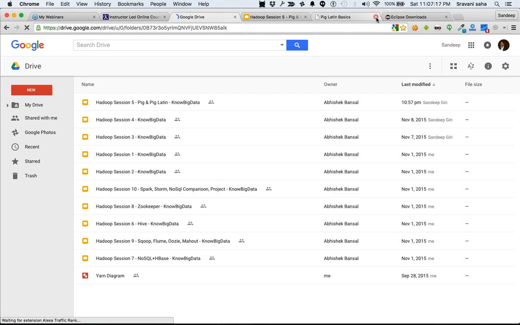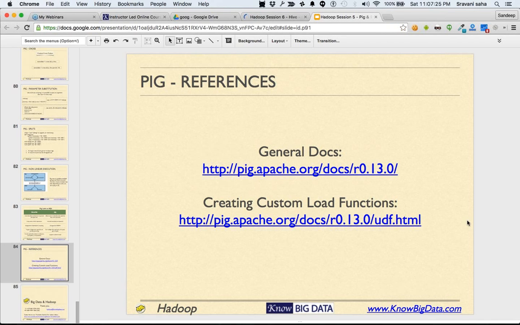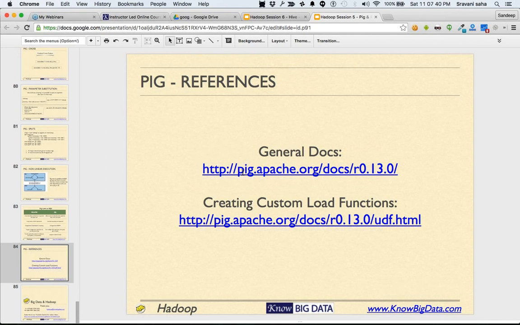Any other questions before we start with our Hive discussion? Okay, Sushant's question is, can we count the number of files in Hadoop? You mean in a folder?